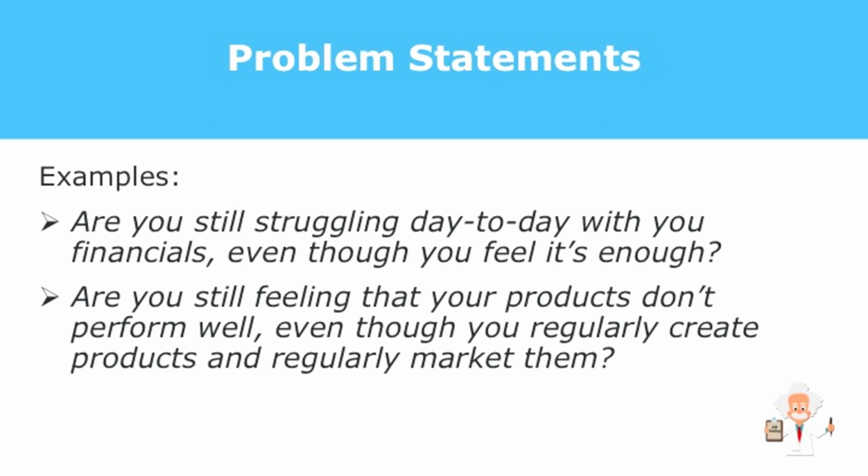For example, are you still struggling day to day with your financials, even though you feel you earn enough? Are you still feeling that your products don't perform well, even though you regularly create products and regularly market them? By stating these problems in your email, you can get your readers to say, "Why didn't I think of that?" It gives them a eureka moment, which can be the gateway for them to convert.